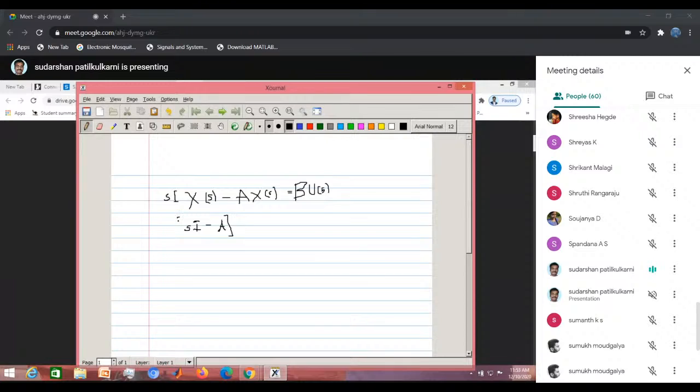Okay, so notice that sI minus A is an n cross n matrix times x of s, so x of s is n cross 1.